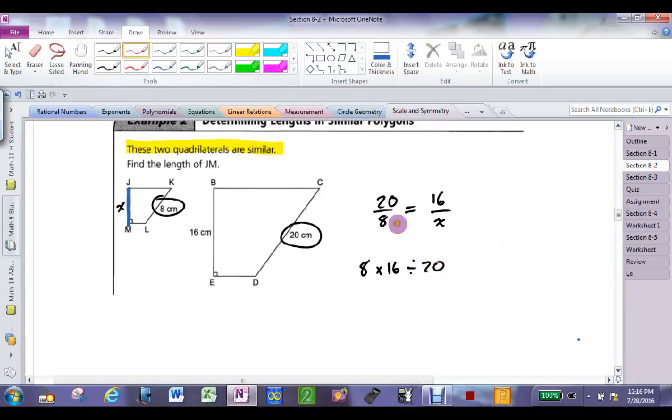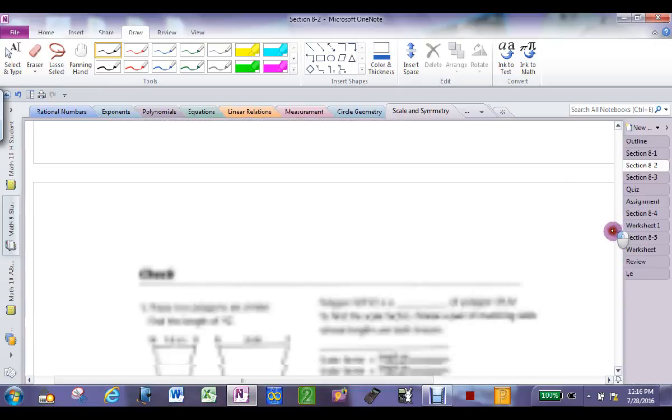Multiply the pair. Divide the spare. And what's the answer? Does anybody know? Abso-smurfly right, 6.4. Okay? Everybody good? It's easy peasy lemon squeezy.